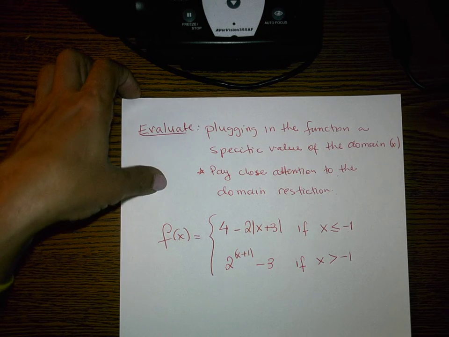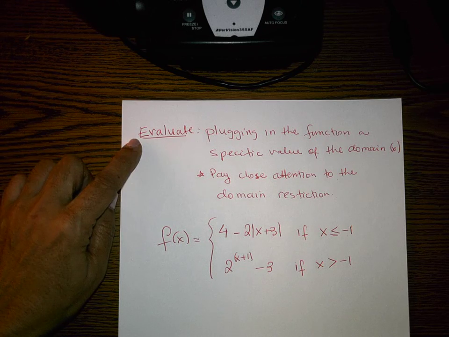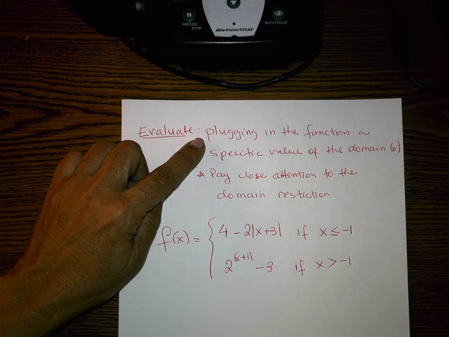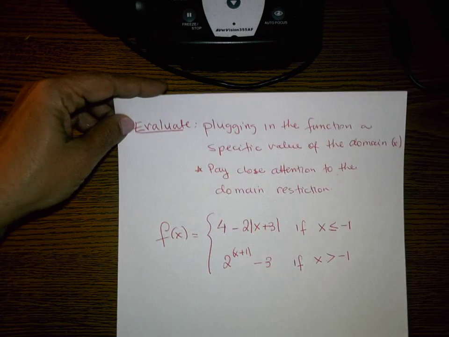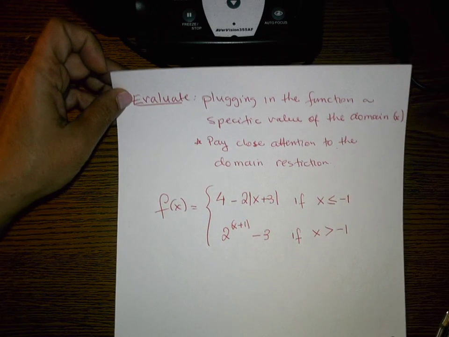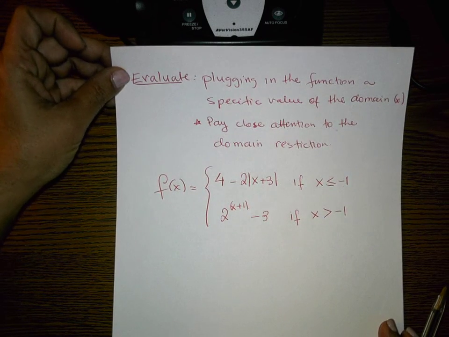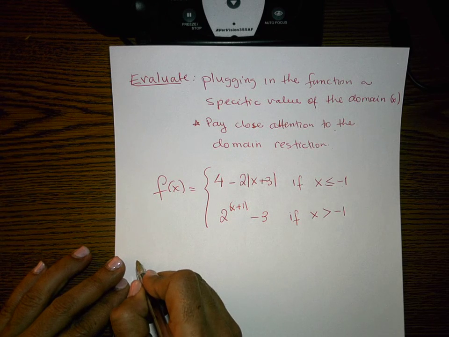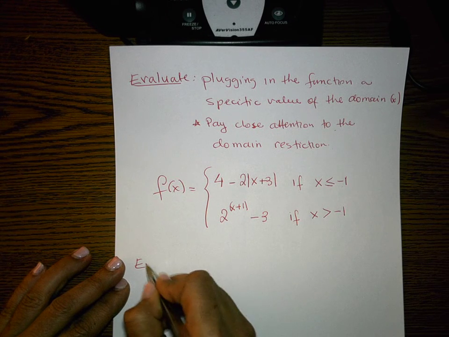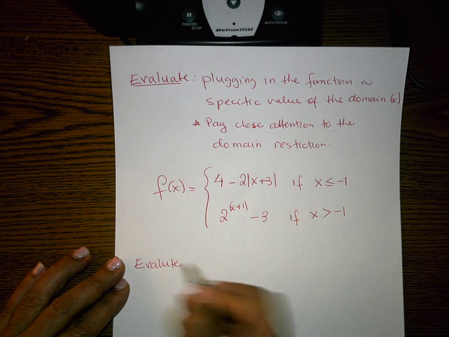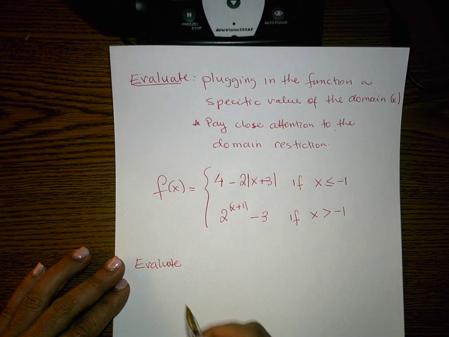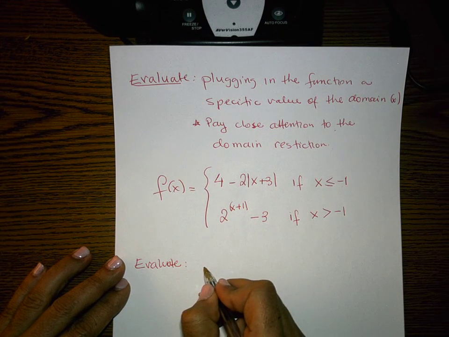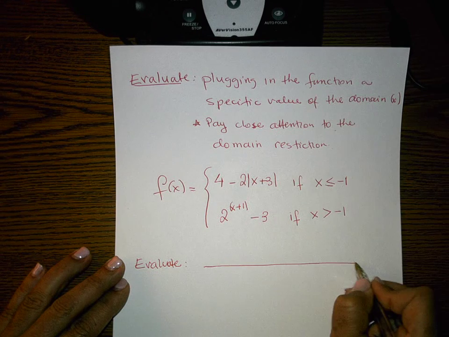Okay, so first let's evaluate, plugging in an x value to see what we get for the range, the y value. Here's my technique for evaluating something. I like to create a number line first so I don't get confused.